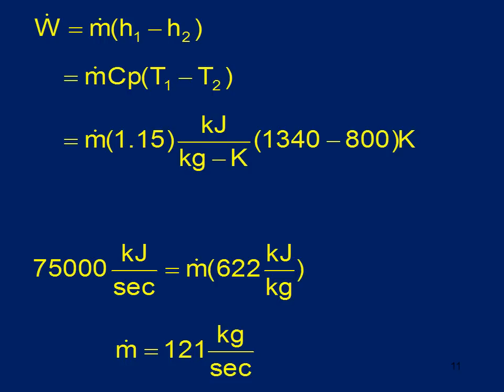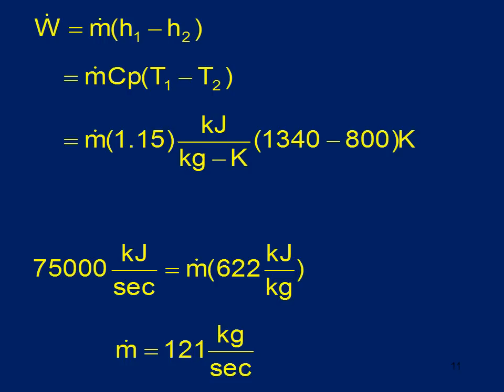Put in for an ideal gas. We'll treat air as an ideal gas here. Cp times T1 minus T2. I'm going to take the Cp as 1.15, which for this temperature range is about the average of the Cp over that temperature range. So I'm just taking an average Cp here, times the delta T, actually T in minus T out.